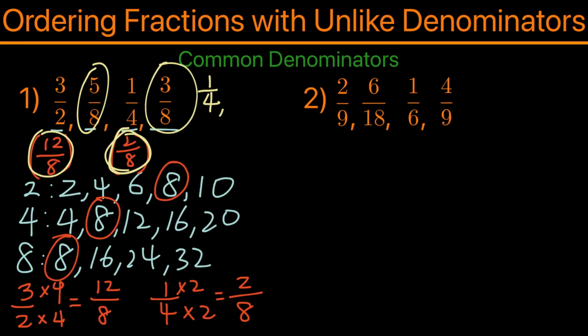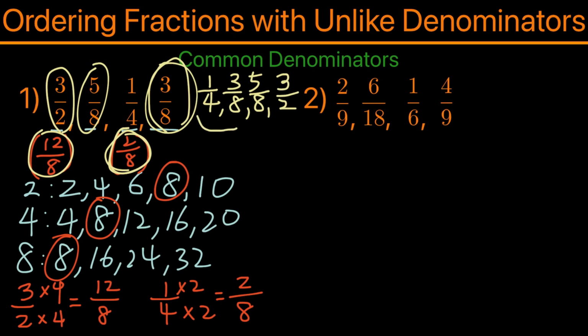Second one is 3/8. And then the third will be 5/8. And lastly, 12/8. And 12/8 is actually 3/2, so we're going to write 3/2. And so the answer, from least to greatest, would look like this.